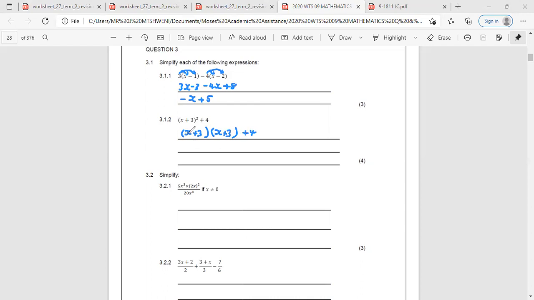Apply FOIL. x times x is x squared. x times 3 is plus 3x. 3 times x is plus 3x again. 3 times 3 is 9, plus 4. That's going to be x squared plus 6x, plus 9 plus 4, which is 13.